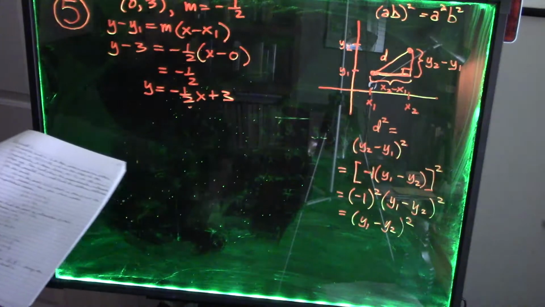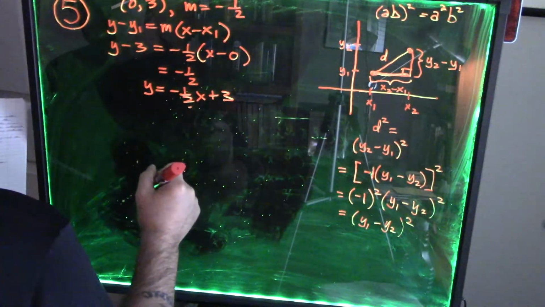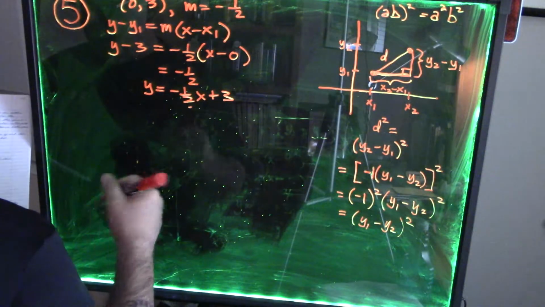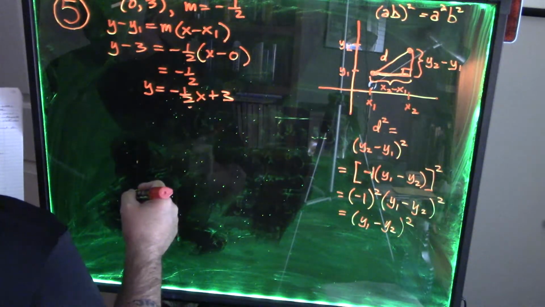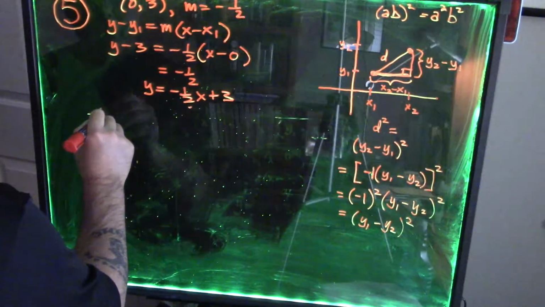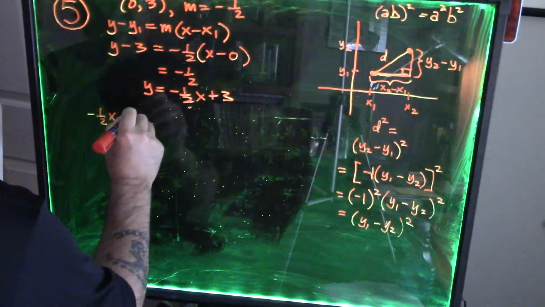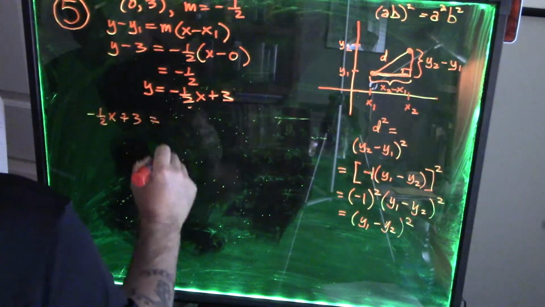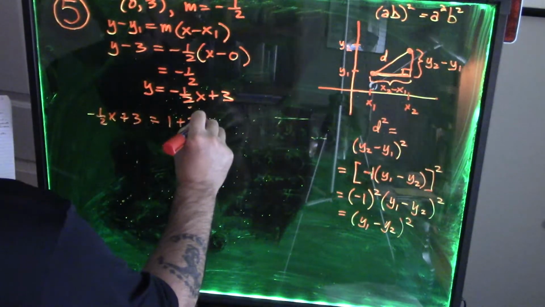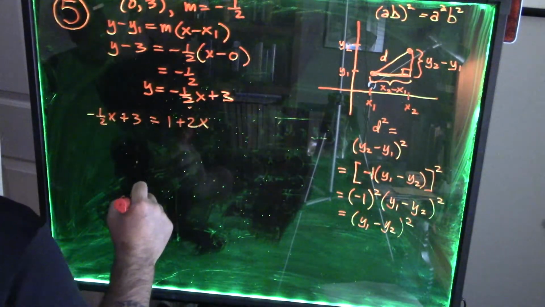Okay, so again, we're going to find the point of intersection of y equals negative 1/2 x plus 3 with f of x, which is 1 plus 2x. So we set this negative 1/2 x plus 3 equal to 1 plus 2x, and then you're going to solve for x.